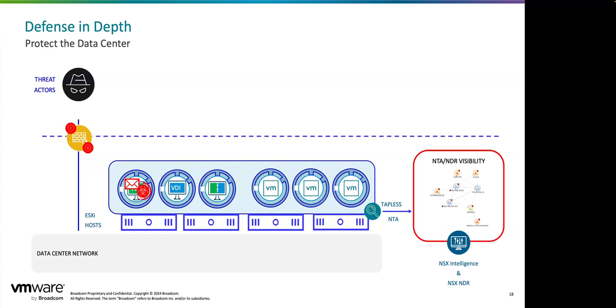So in the event that they get into a particular system, we have the ability to detect and respond using distributed firewall, distributed IDS IPS, as well as NTA and NDR.